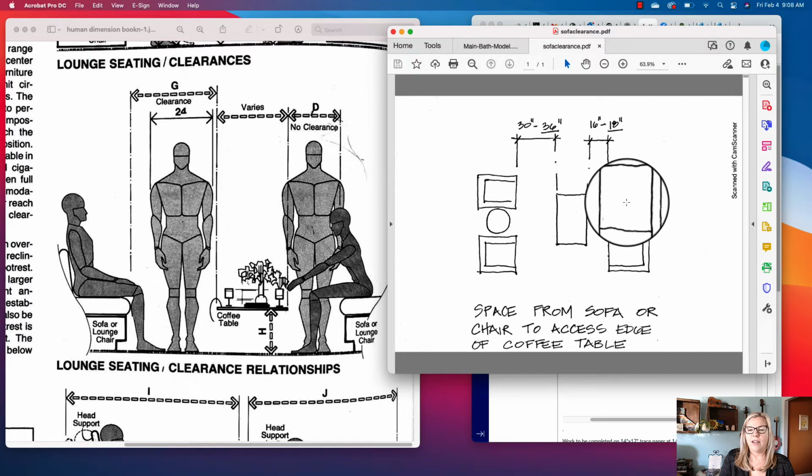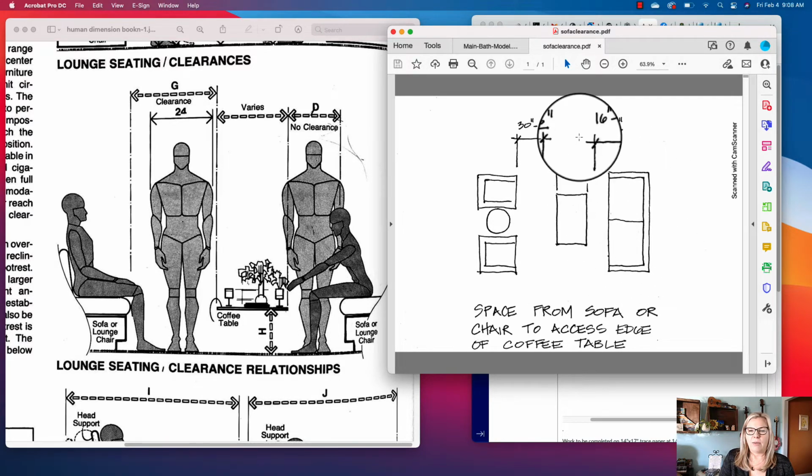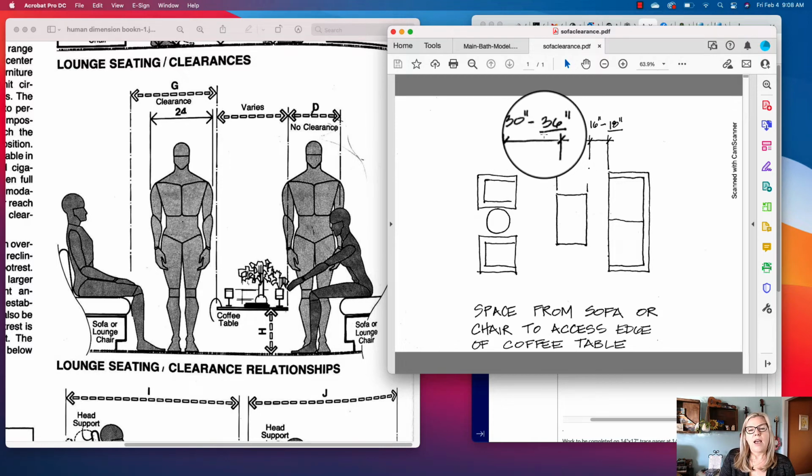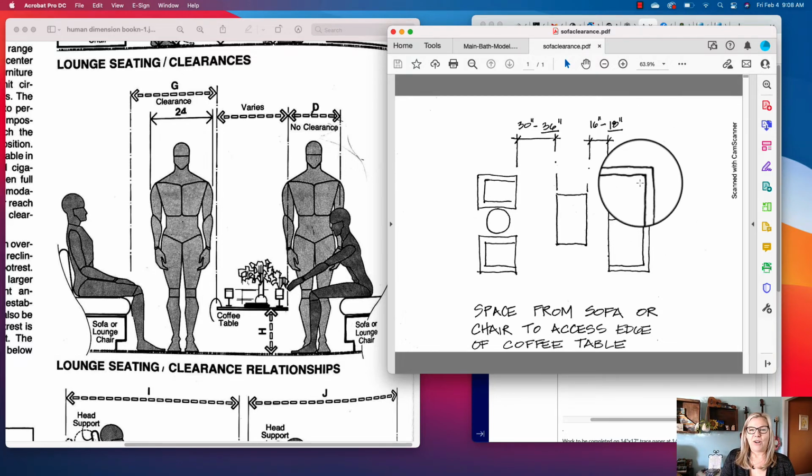You just need the sofa and a coffee table, and then that dimension from D, which is 16 to 18 inches. But I went ahead and showed both sides and just showed a little different arrangement here with the 30 to 36. I did underline the 36 and the 18 because that was the actual dimension that it's drawn to. Even though there's a range, you want to go ahead and make it accurate to one or the other.